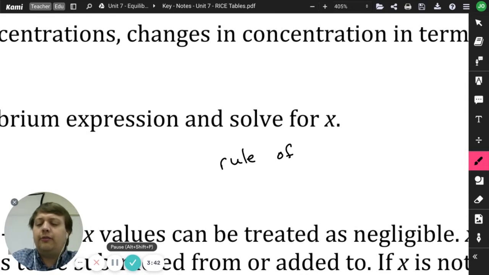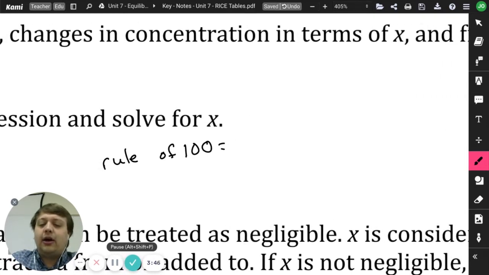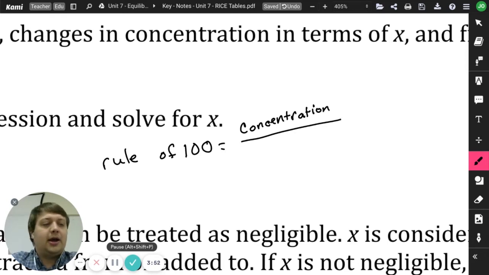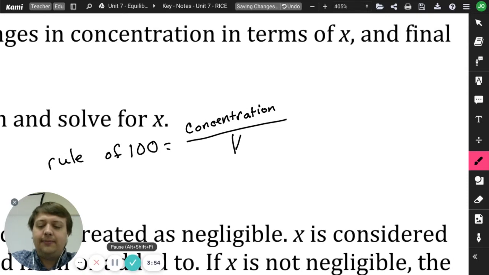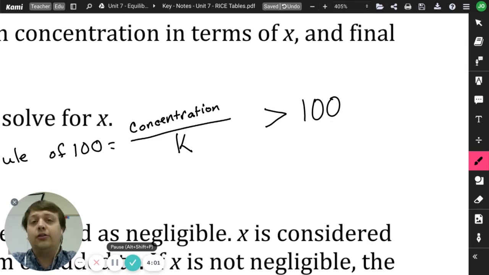The rule of 100 states that if the concentration divided by K is greater than 100, we can assume that it's negligible. So basically, you take that concentration, divide it by your K value, and if it's greater than 100, we can assume that it's negligible.